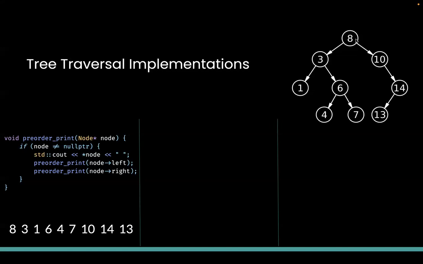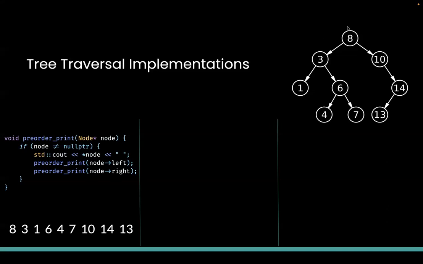The idea behind pre-order traversal is if you were to print this tree one node at a time, you would print the node, and then recursively call print on the left and recursively call it on the right. And as you can see, that's defined here. The first thing we do is print the value of the node, and then we make a recursive call. Pre-order print was the function we defined here. So this is a recursive call to the left subtree, then a recursive call to the right subtree.